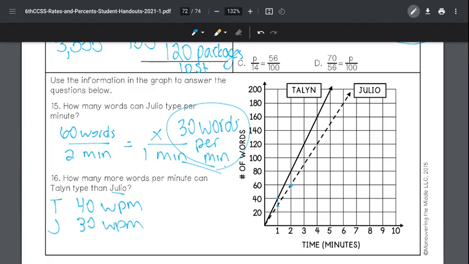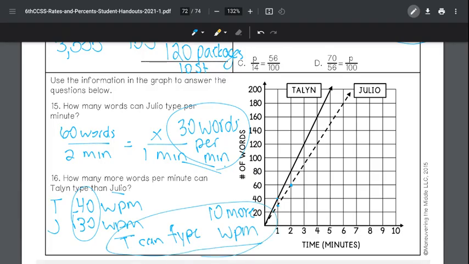So to figure out how much more Talon can do than Julio, you need to subtract these two numbers. Talon can type 10 more words per minute. That's our final answer.